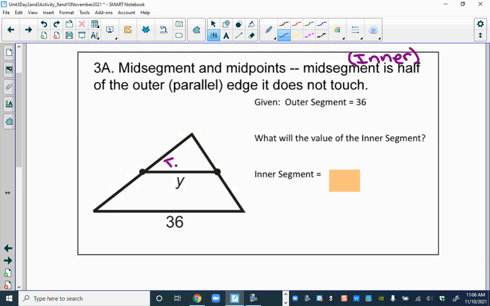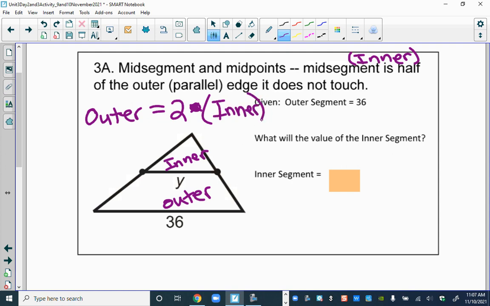We had inner, outer, and basically outer is equal to 2 times the inner.